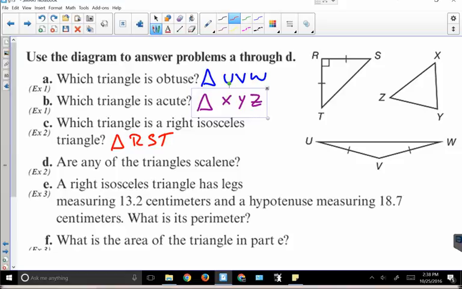Let's see. Who wants to have Isaac? Tessa. Are any of these triangles scalene? Absolutely correct. It is a yes or no question.